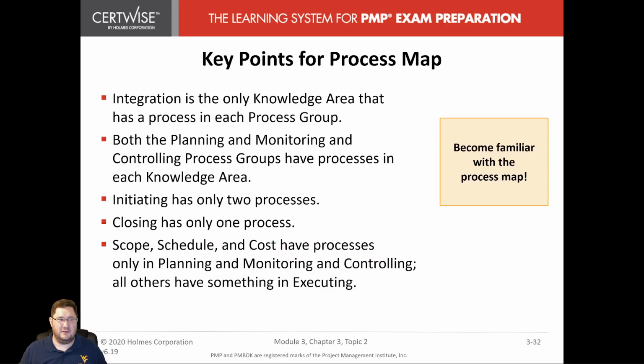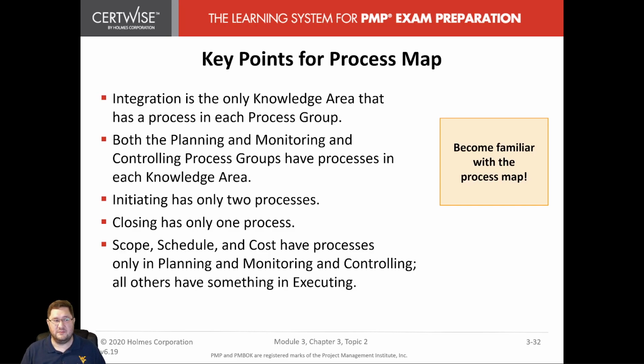So with this process map, integration is the only area that has a process in each process group. So integration has initiating, planning, and all the other ones. But planning and monitoring and controlling process groups have processes in each knowledge area.